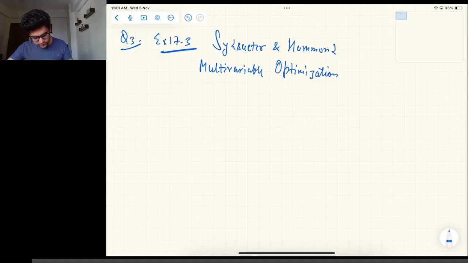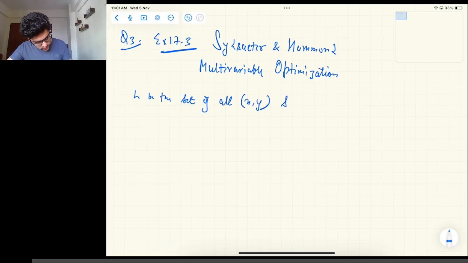Let me just write the whole question. The question says: let the domain of h be the set of all (x, y) satisfying both x lying between 1 and 2 and y lying between 0 and x minus 1.